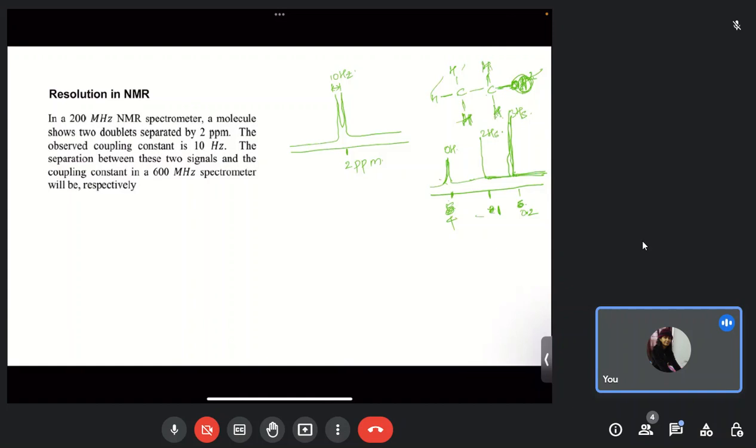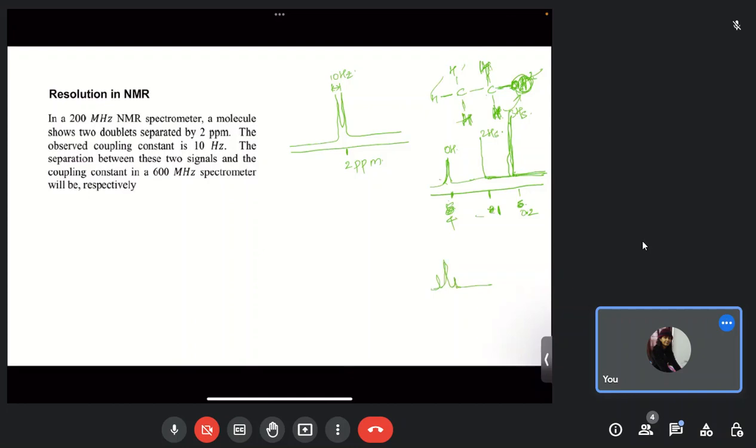In this particular case, the OH proton has 2 neighboring protons, which makes its signal split into 3. So we'll get a triplet.